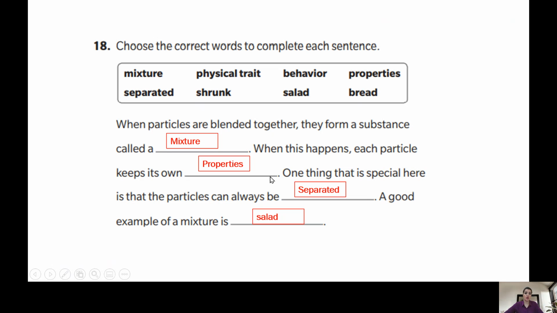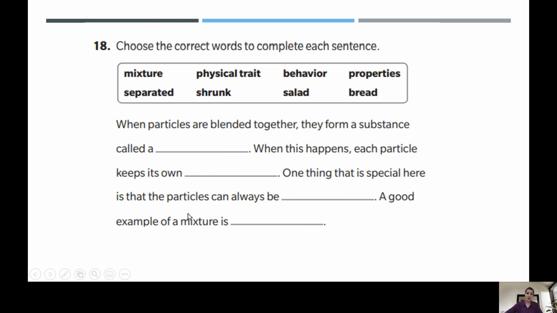When this happens, each particle has its own properties. And remember, we're talking about physical properties like size, shape, and texture. One thing that is special here is that particles can be separated. We can remove particles from one another, like we said in the mixture example. And a good example of a mixture is salad. Okay.